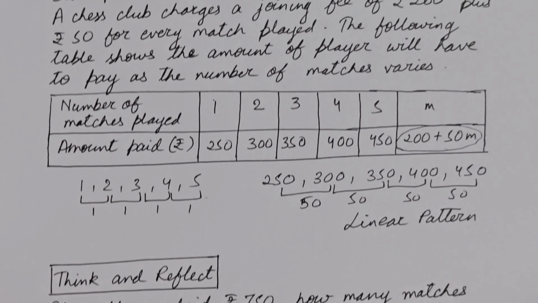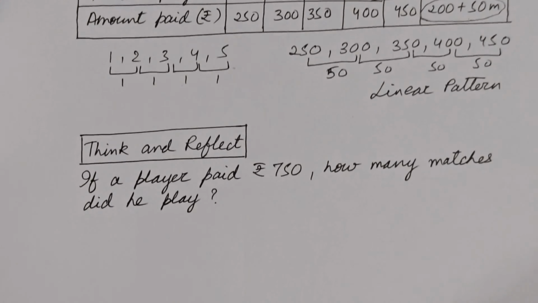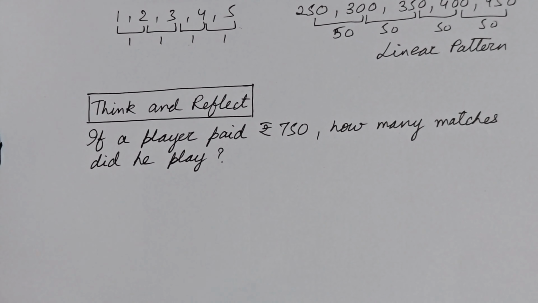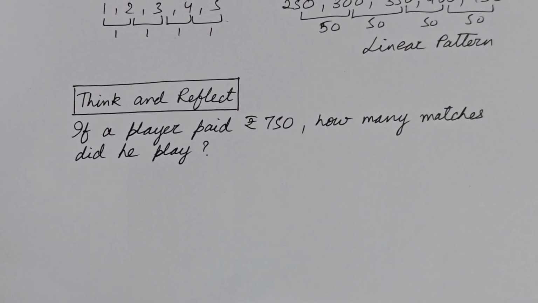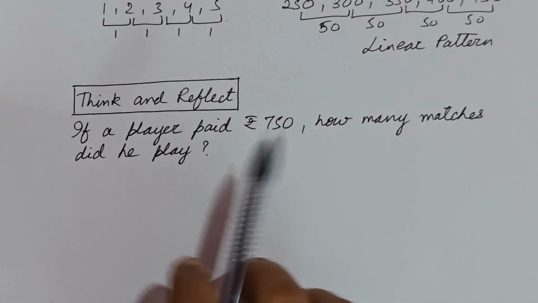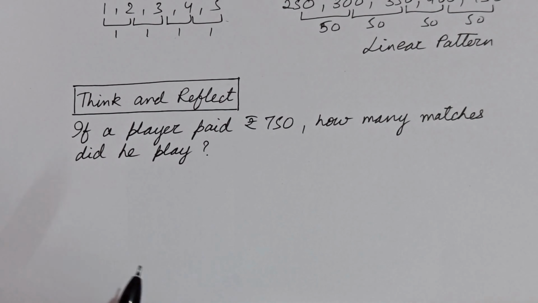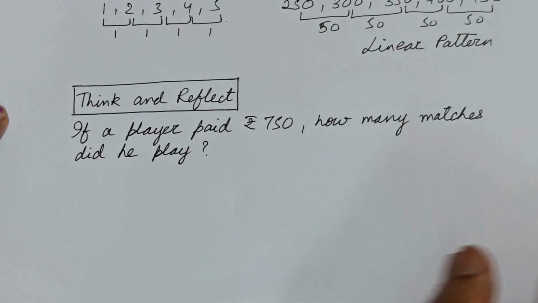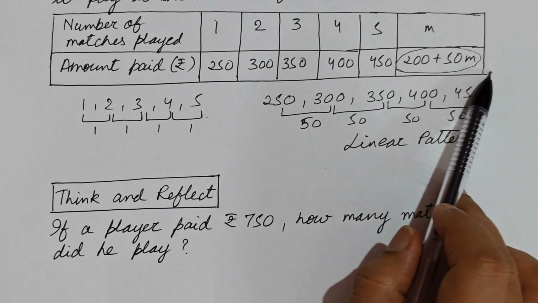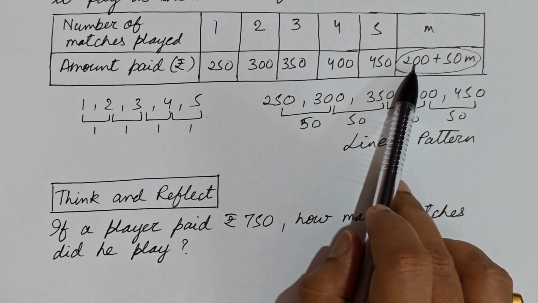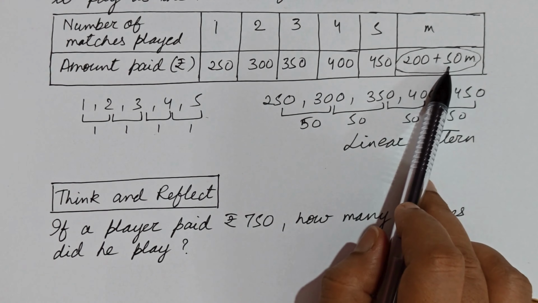Now, on the same page, it is given: think and reflect. If a player paid rupees 750, how many matches did he play? This depends on the example that I have explained, the linear polynomial, where a fixed amount is 200 and 50 rupees extra for every match played.